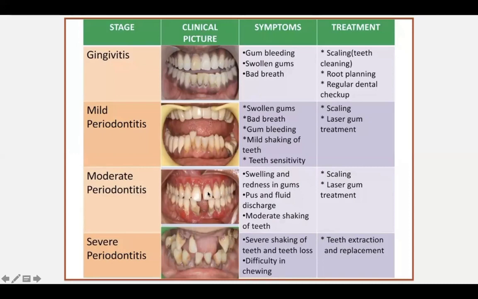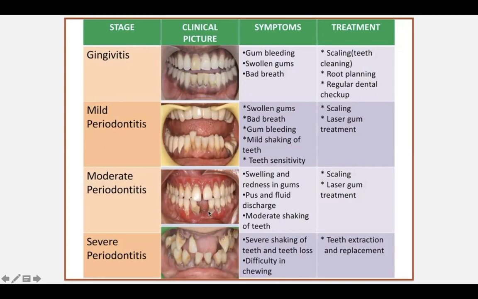So this is the clinical picture. Intraorally, on examination, the teeth look like these. We have gingivitis, inflamed gingiva. And then mild periodontitis, as you can see, there is tartar, there is plaque, and we have swollen gums and interdental pus if seen.